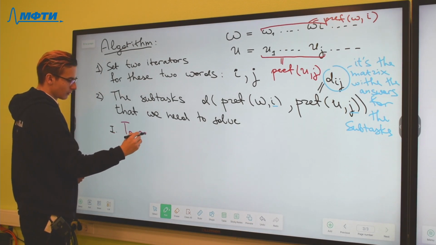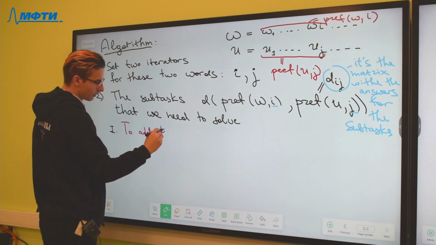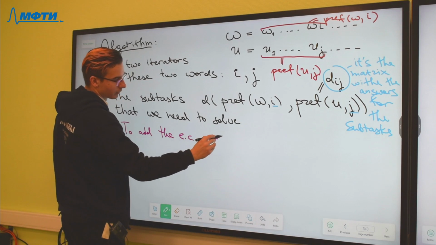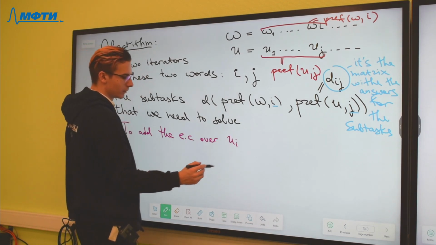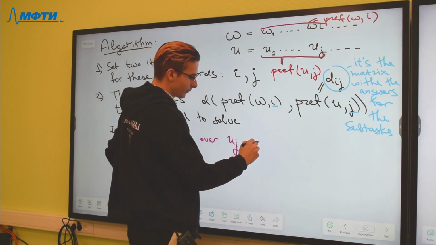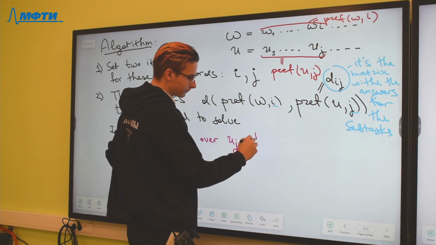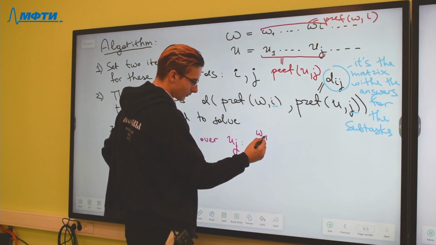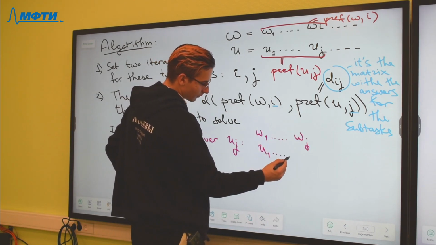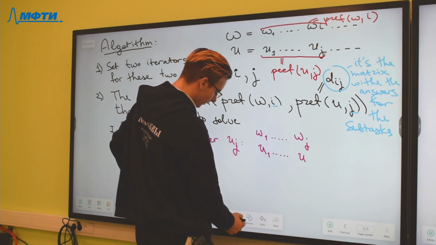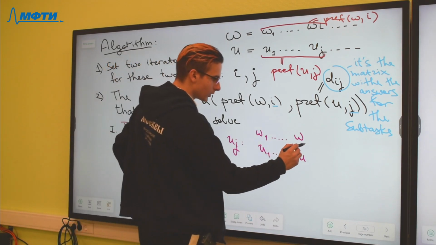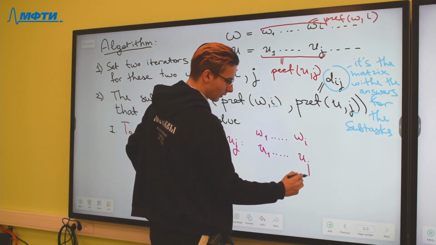So the first way, yeah, is to add the empty character over UI or UG. So we need to compare W, E, G minus 1.